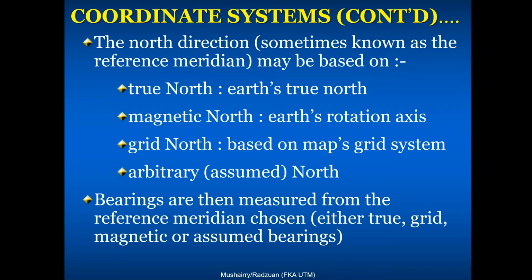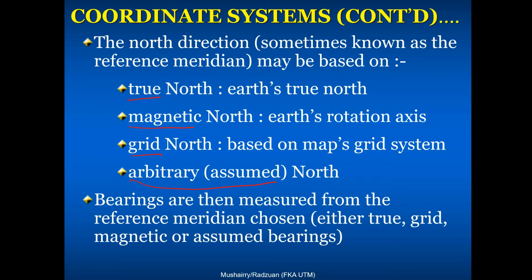It's three actually, because the last one is just an assumed north. You can either go for true north, magnetic north, grid north, and lastly an assumed north. If you don't have any other info at that point in time, you can just assume a north and figure out what the actual north is later.